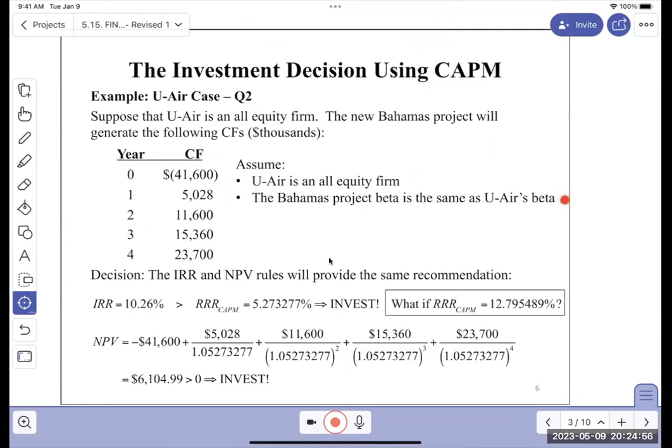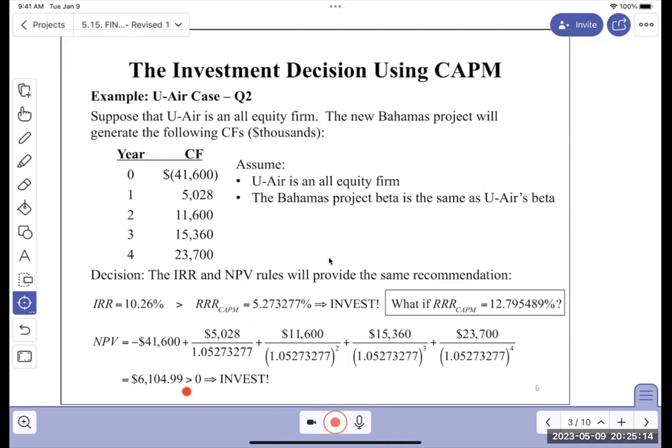Now that's not necessarily the case, and I didn't mention this before, but they could differ. It doesn't have to be the case that the betas are the same. So if we assume these two things, then we should pursue the UAR Bahamas project.